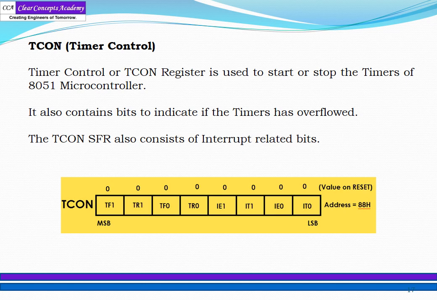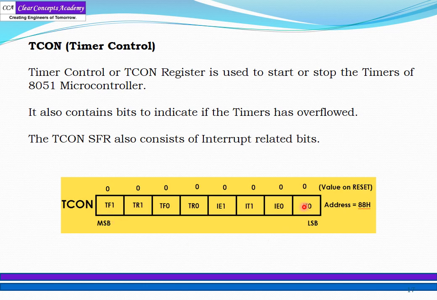See, this is how the TCON, timer control register, looks. These 4 bits, 1, 2, 3, 4, are for timer 0, and the upper ones are for timer 1.